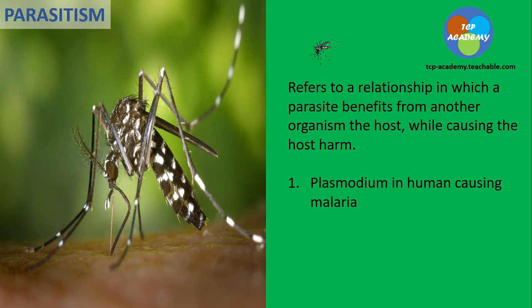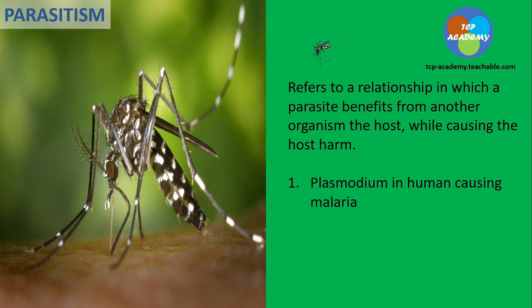Now, a parasite could be an endoparasite or an ectoparasite. An endoparasite is usually found within the host. An ectoparasite is usually found on the outside of the host. So the plasmodium is pretty much carried around by what we refer to as a vector.